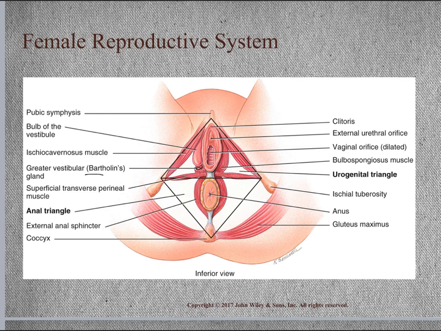So similar to our bulbourethral gland in the male, our superficial transverse perineal muscle, our anal triangle, external anal sphincter, our coccyx, our gluteus maximus muscle, our anus, our ischial tuberosity, and our urogenital triangle, our bulbospongiosus muscle, vaginal orifice, which is open, and our external urethral orifice with the clitoris above it.